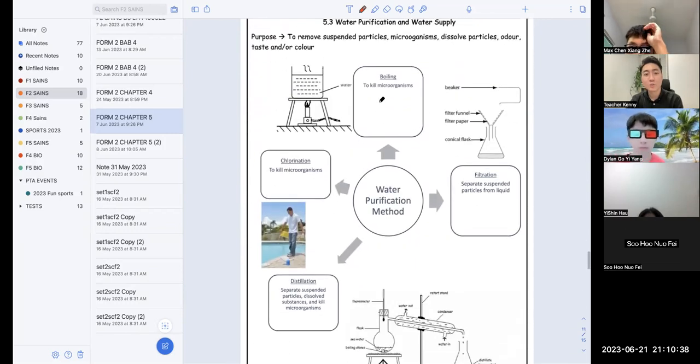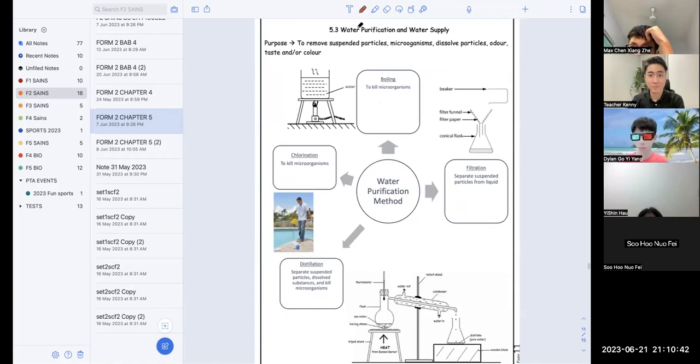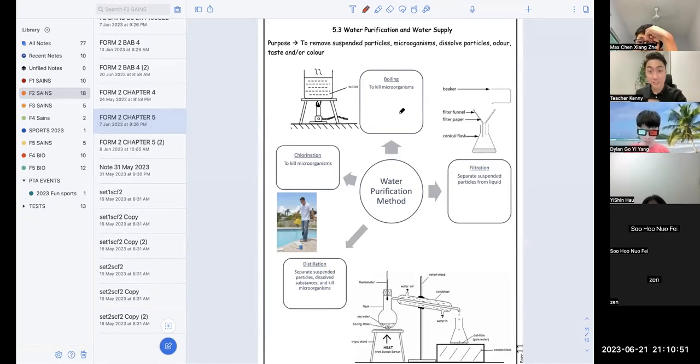And then today, we're going to look into how to clean water. Yeah, we're going to learn how water from the tank, from the river, from a mountain, enter into our house. Okay, my students? So the title today is called water purification. Purification means make it pure, make it clean, yeah, and water supply, sending to your house. Right? Now, what's the purpose of cleaning water? What do I want to clean?